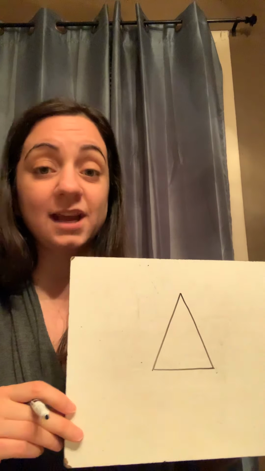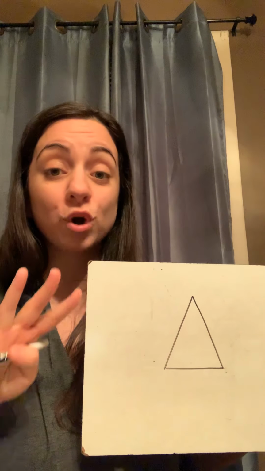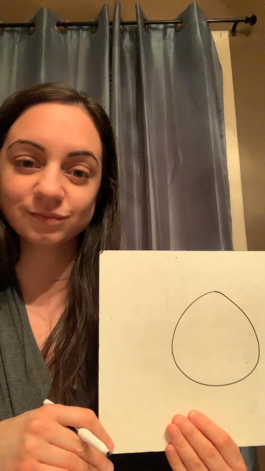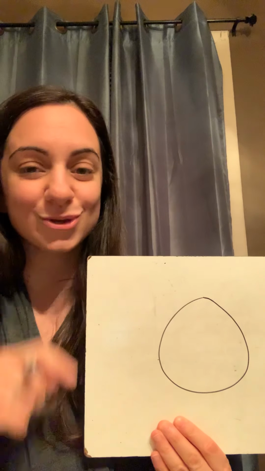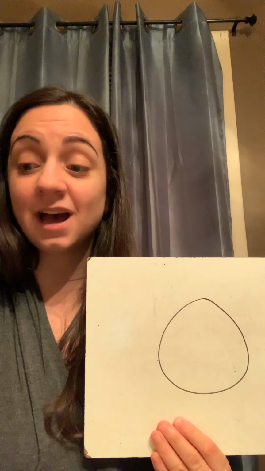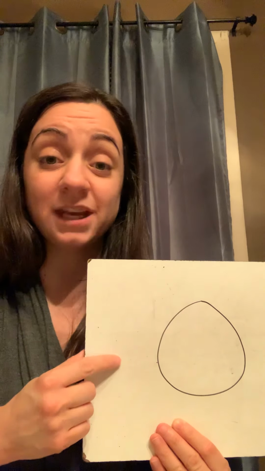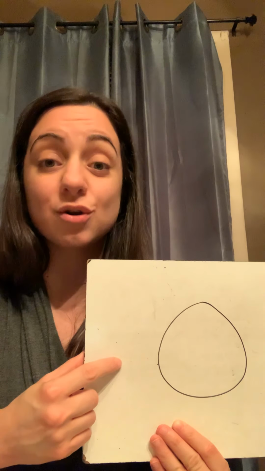And we know a rectangle has to have 4 sides. Let's do one more. Is this a rectangle? You're right again. No, it's not. Why is this not a rectangle? That's right. This shape is made of curved sides, and a rectangle is made of straight sides.